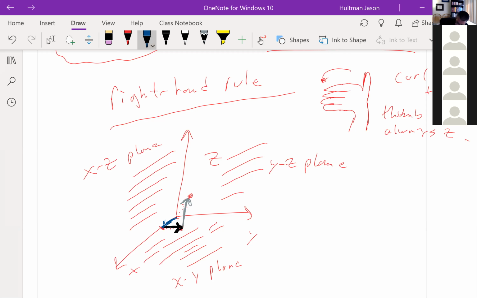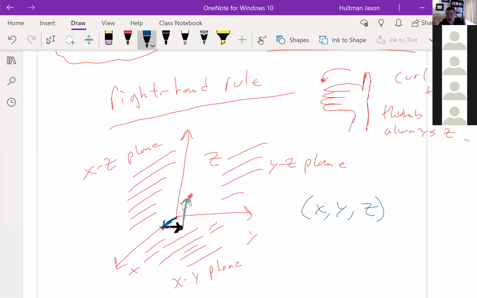That's exactly what we use to get our location in space: X, Y, Z. So this is now a third coordinate in X, Y, Z space.